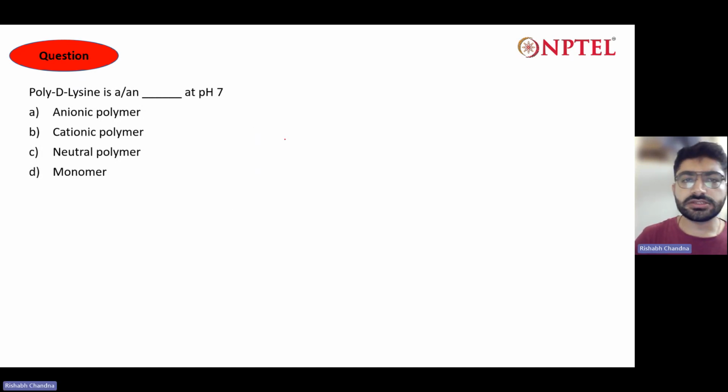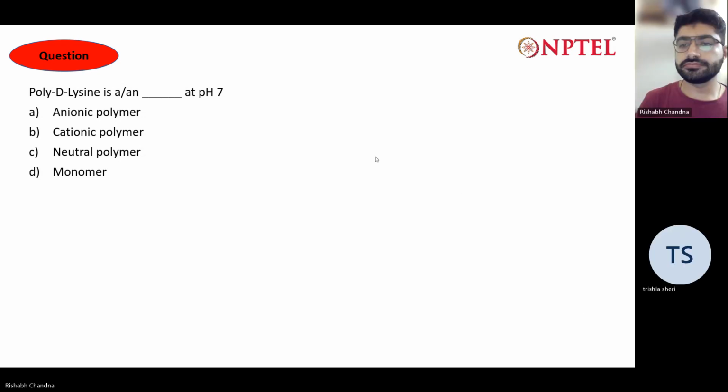When we consider the structure of polylysine, it's a common amino acid that we have. The amino acid structure has a carbon in the middle combined with hydrogen.